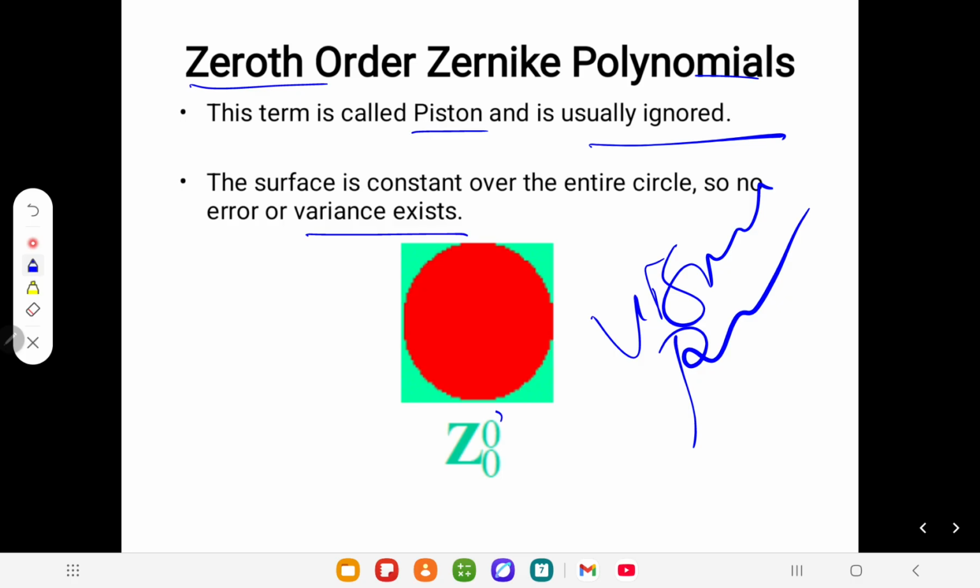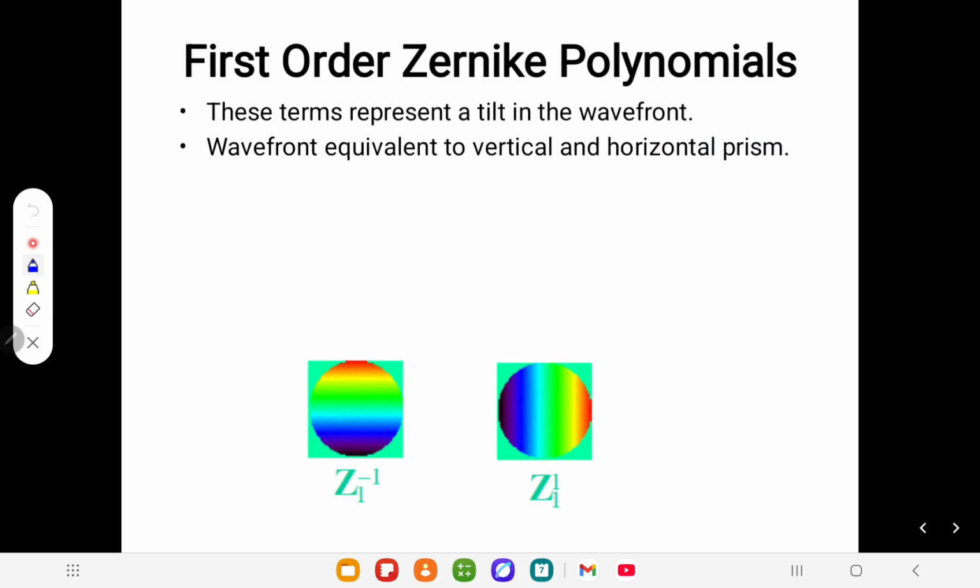And this, can you see, 0 and 0? There is no cycle. So is there any pattern in 360? No. Zero order. See the first order here: minus means basically vertical and plus means basically horizontal. You can see here the frequency: in 360 degrees, you can see only one pattern, isn't it?